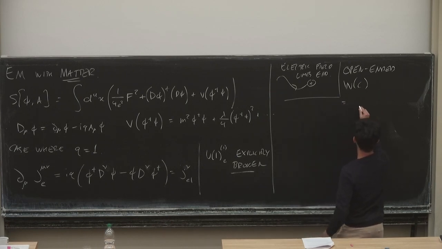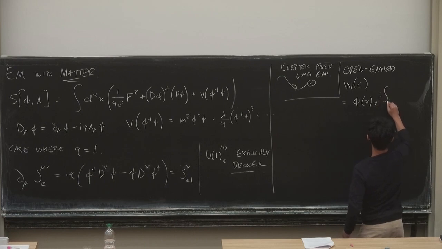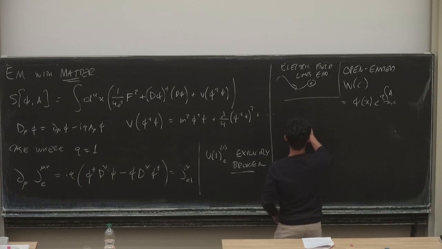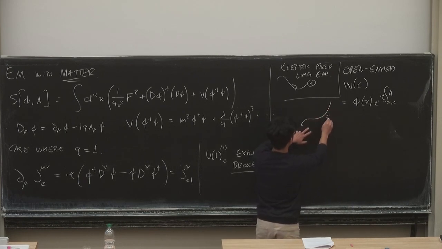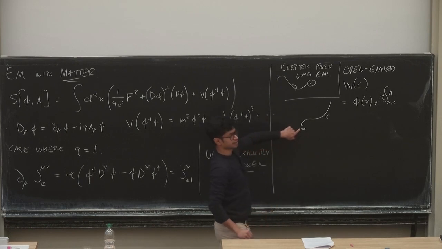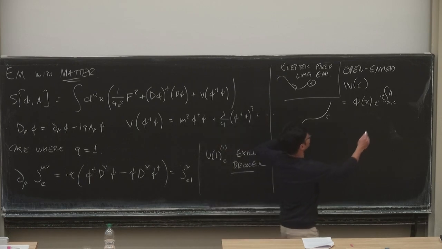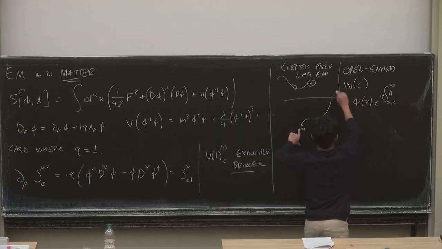This open-ended W_C is: take phi and then integrate the Wilson line on some curve leaving this phi. So I have some curve C, and a Wilson line that comes along C and then ends at some point x. So say I take this end to infinity, so this goes off somewhere else.